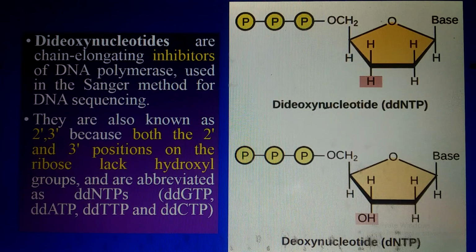So there are 4 types of dideoxyribonucleotide, which are used by Sanger for the chain termination, which I will discuss later on. So ddGTP, ddATP, ddTTP, ddCTP. These are the 4 dideoxynucleotides.